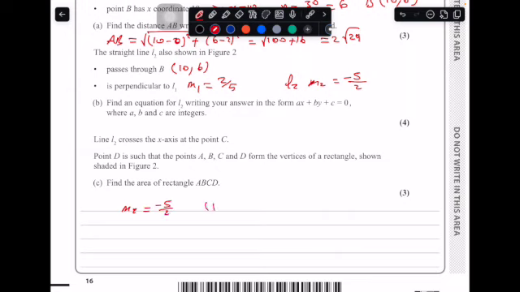Use y minus y1, so it's y minus 6 equals negative 5 over 2 times (x minus 10). Simplifying, y is equal to negative 5 over 2 x plus 25.